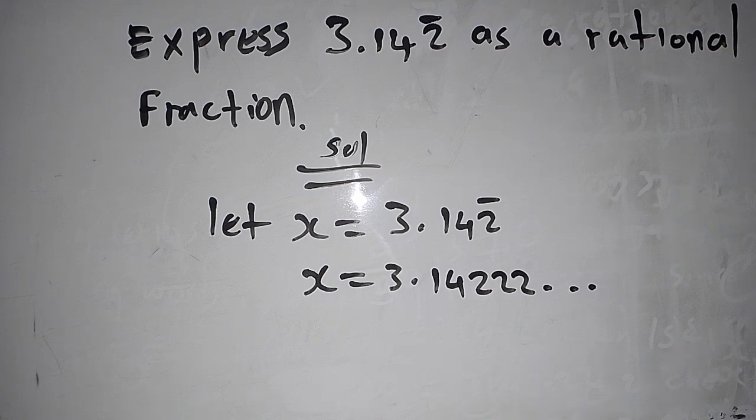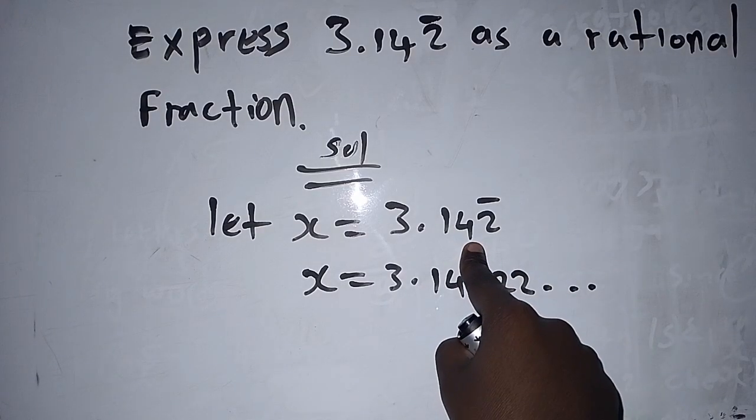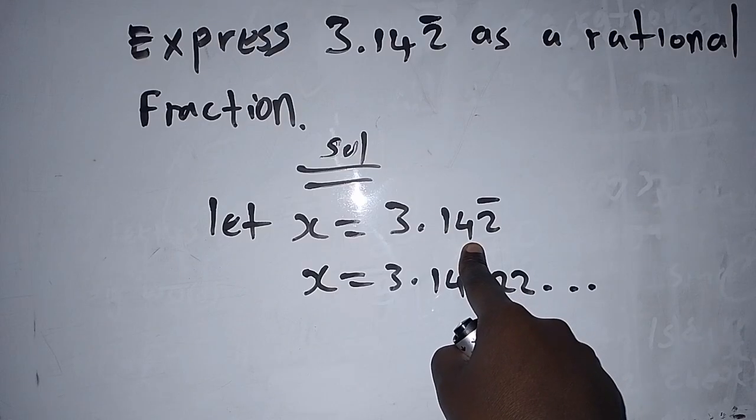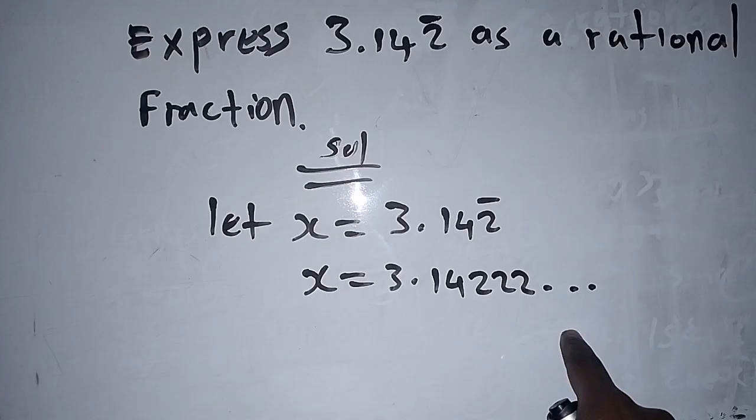We are going to count the non-repeating numbers. The numbers which are not repeating here are 1 and 4. They are only 2. Since there are only 2 non-repeating numbers, the whole of this equation I'm going to multiply by 100.